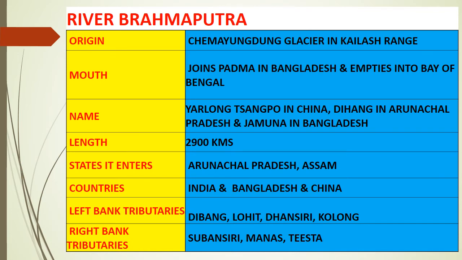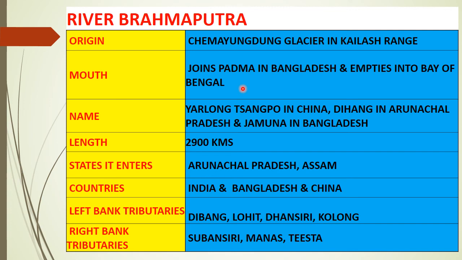So children, here is a quick recap of the entire course of the river Brahmaputra. Origin, you know where it is. It is from the glacier in the Kailash range called Chemang Yungdung. Then where does it empty out? It joins Padma in Bangladesh and empties out into the Bay of Bengal. It is called Yarlung Sangpo in China, Dihang in Arunachal, and Jamuna in Bangladesh.